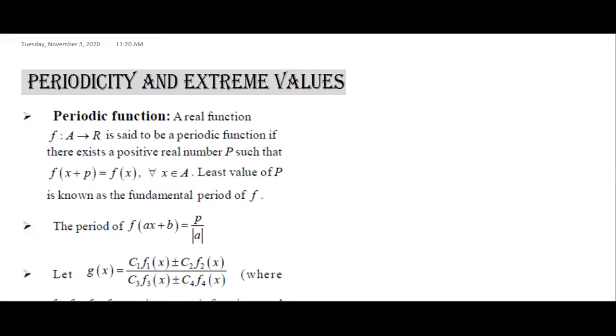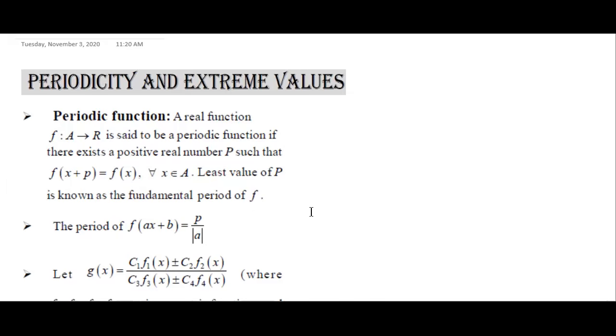A real function f from A to R is said to be a periodic function if there exists a positive real number p such that f of x plus p is equal to f of x for all x belonging to A. Then the least positive value of p is known as the fundamental period of f.